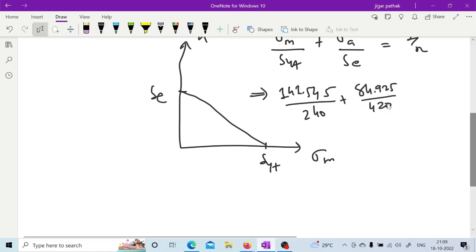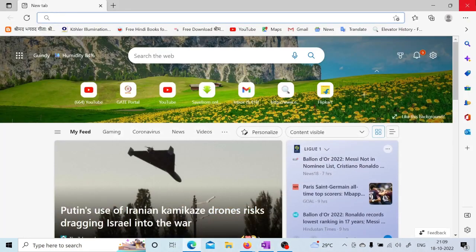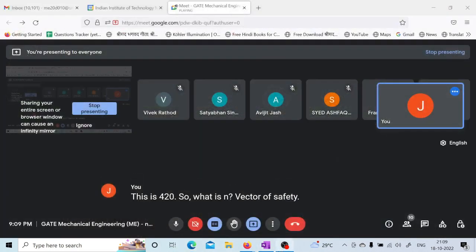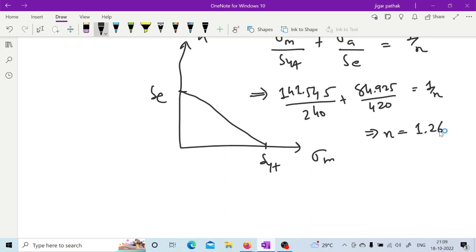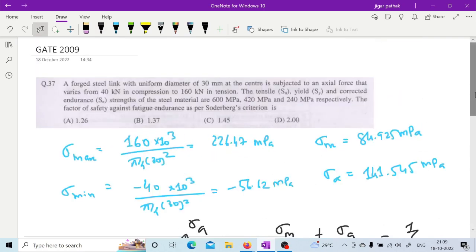This is 420. So what is N, factor of safety? Sir, 1.26. So N is coming 1.26. So this is how you can calculate this, right? 1.26 is given here. Okay, is it okay, sir?